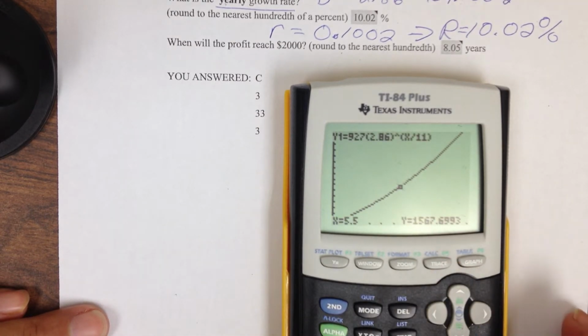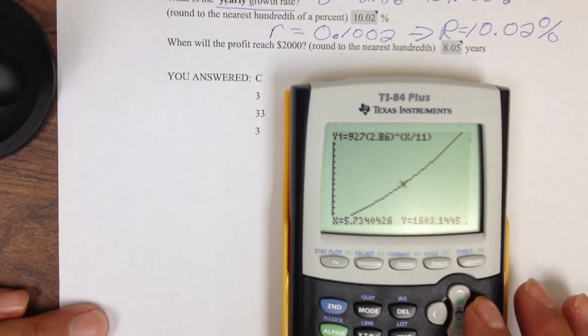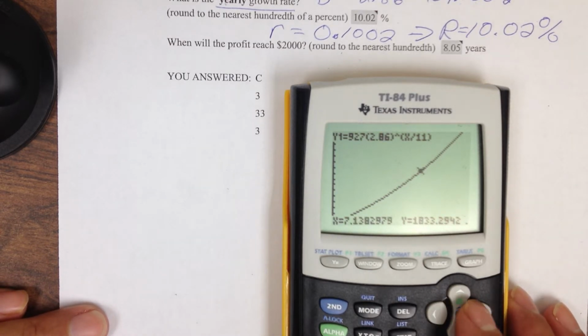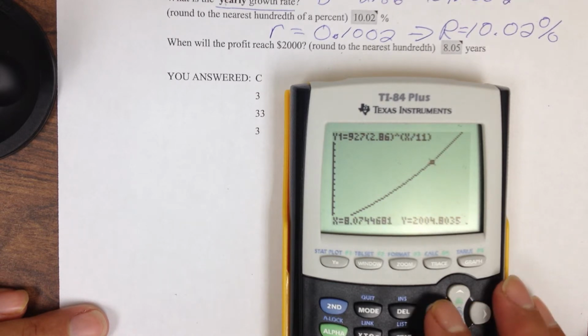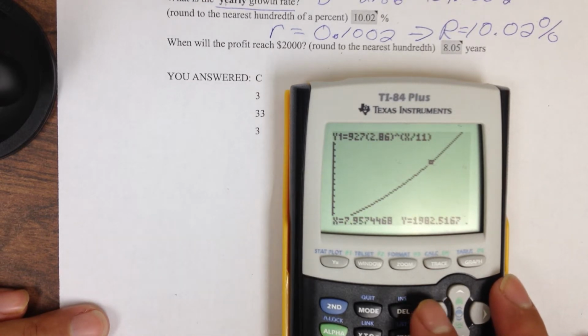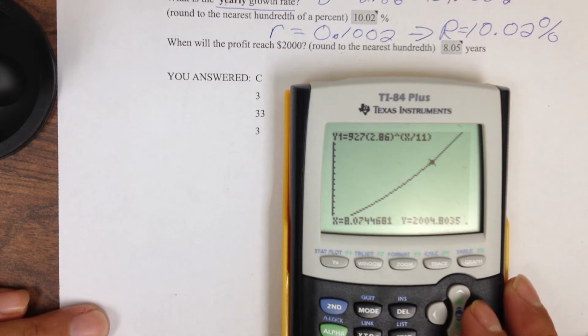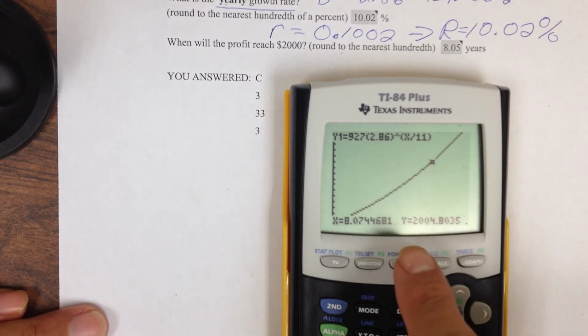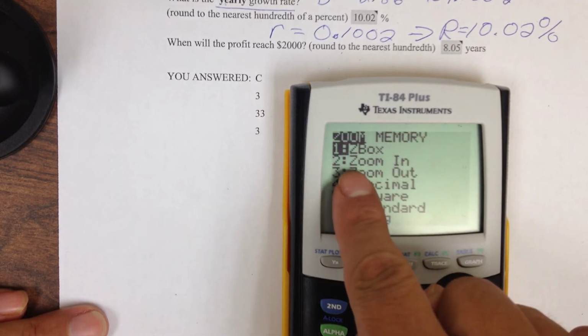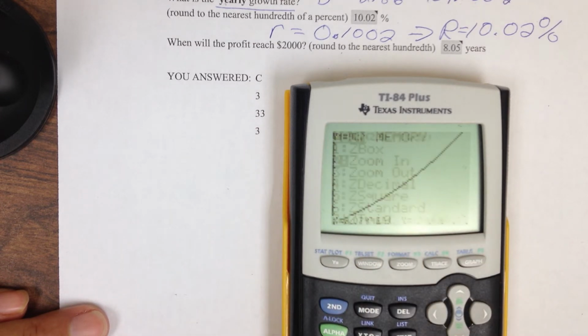I'd like this to show when the profit reaches 2,000, so I'll just move to the right until I get to 2,000, which happens somewhere between 7.957 and 8.07. If I'd like it more accurate, I'm going to zoom. Number 2 is in, and now hit enter.